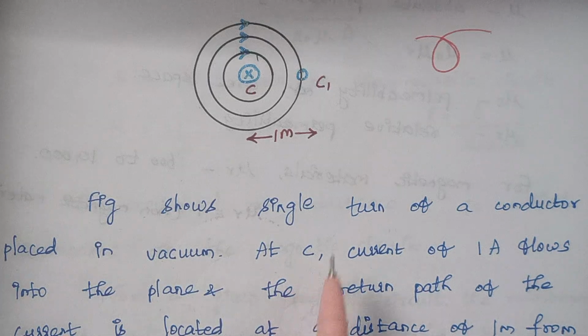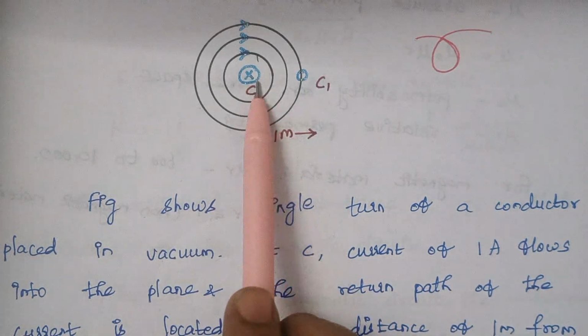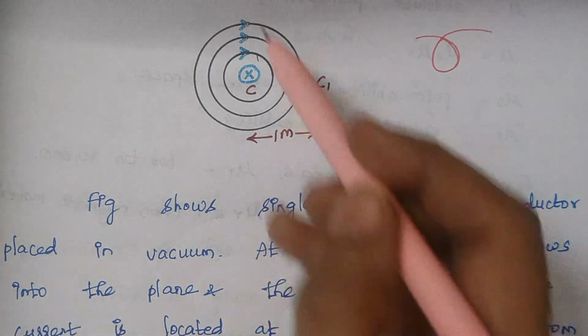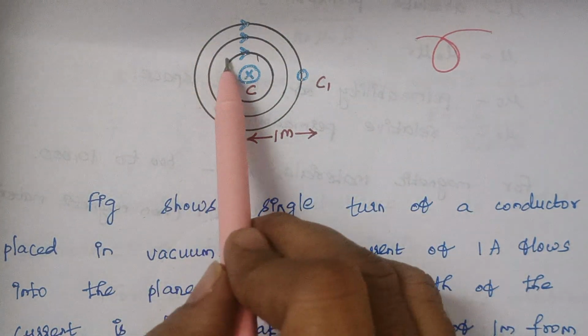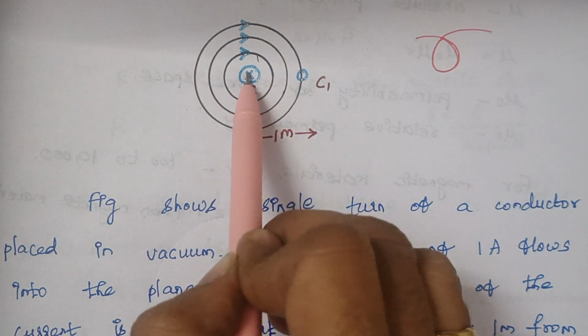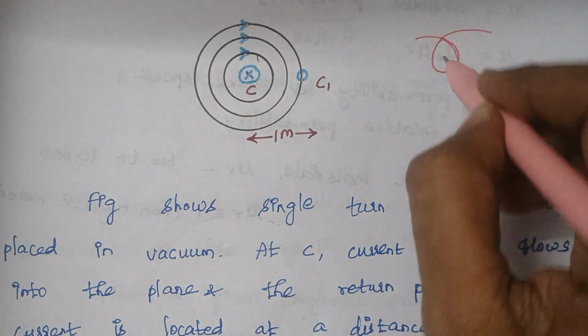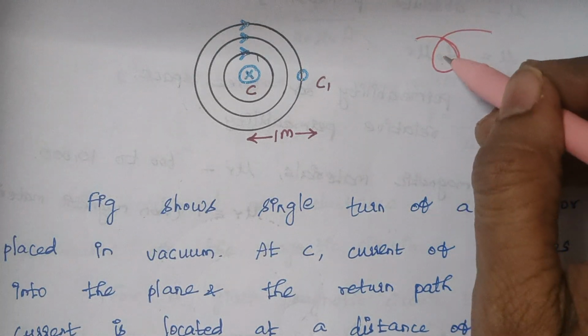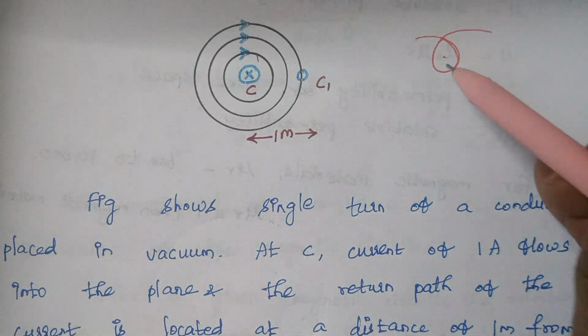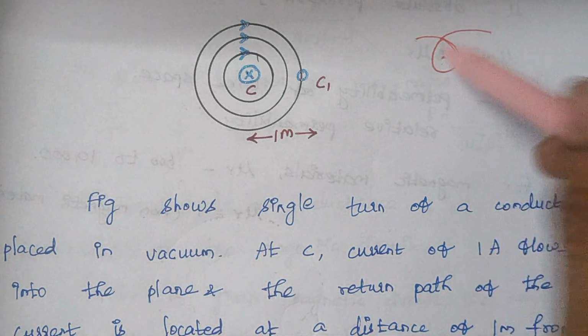At point C, a current of 1 amp flows into the plane, right? This is the center part of the conductor, through which a current of 1 amp flows into the plane.